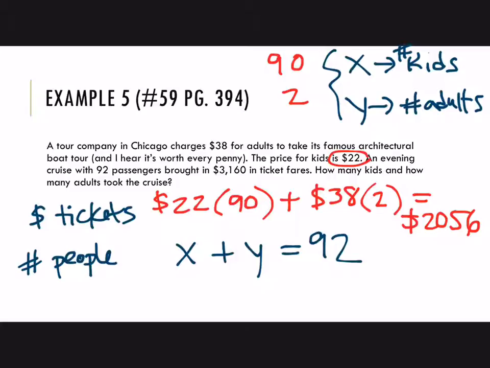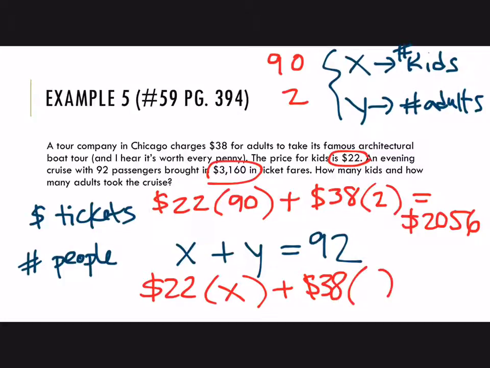I know that's the wrong number, because it was supposed to bring in 3,160, but this does give me a format for the equation. I'm going to take $22 and multiply by the number of kids. Now, instead of guessing that there were 90, to write the equation I'm just going to leave that as a variable: there are X kids. Then I add the cost for the adults, $38 per adult, and instead of guessing 2 adults, I leave that as a Y. Instead of working out my fake numbers to get the total, I'm just going to record what I knew the total was.